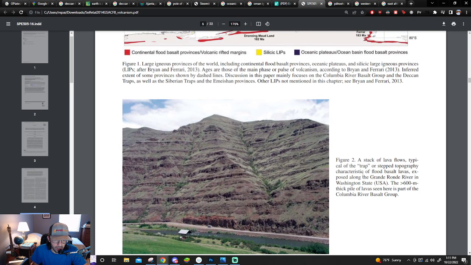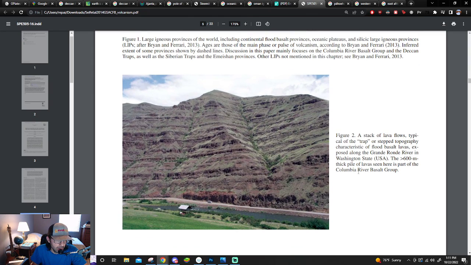Let's see. That looks like current flows too, really. Although that's in Washington.